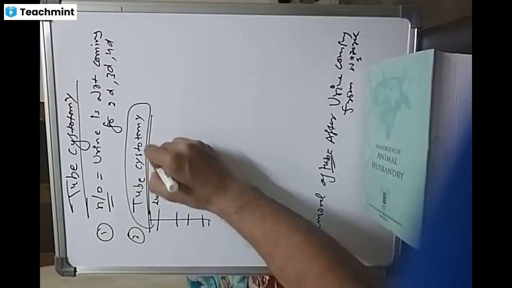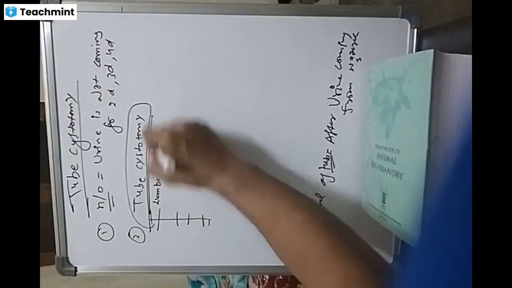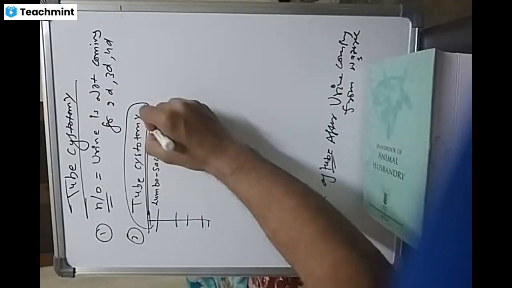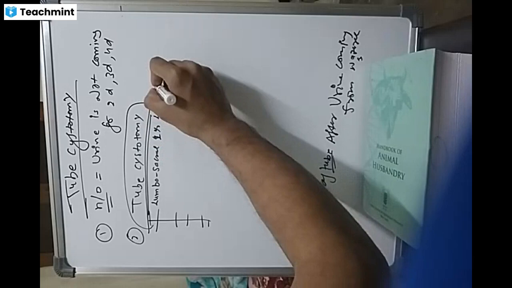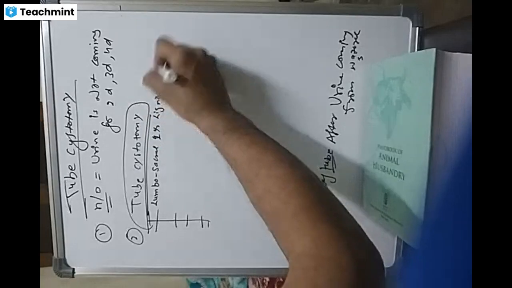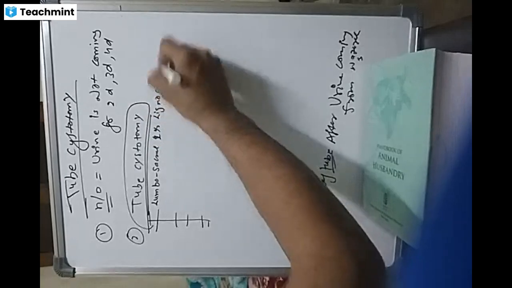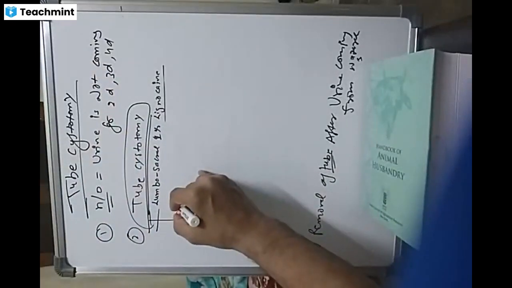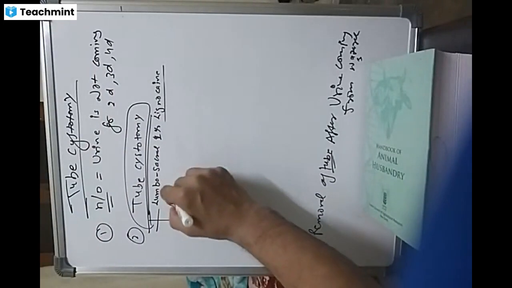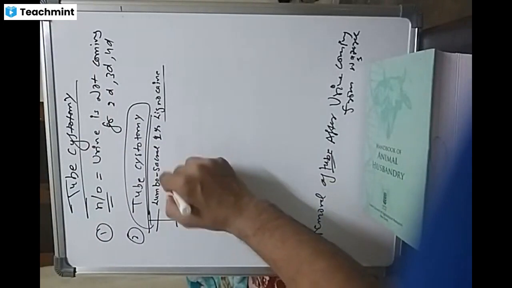We are doing lumbosacral block with 2% lignocaine. The animal is kept in right recumbency.